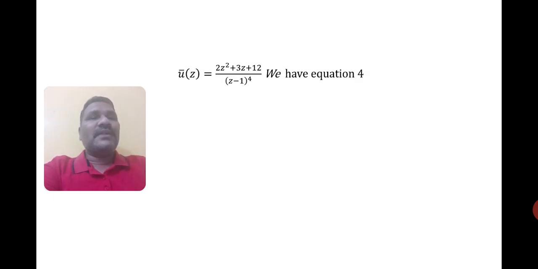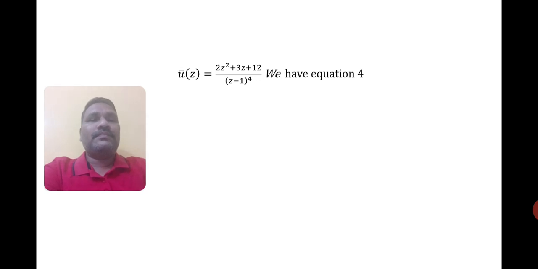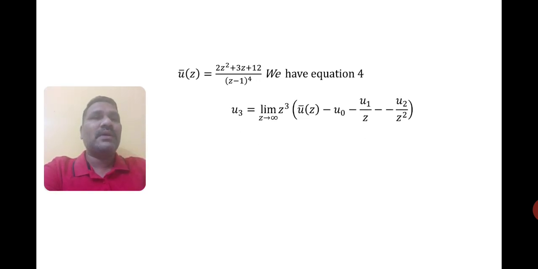Now ū(z) is equal to (2z² + 3z + 12) over (z − 1)⁴. We have the equation now, and I know what u2 is.